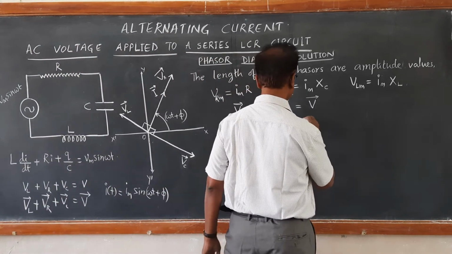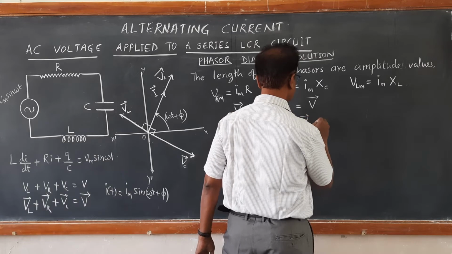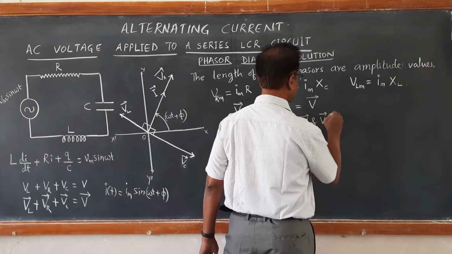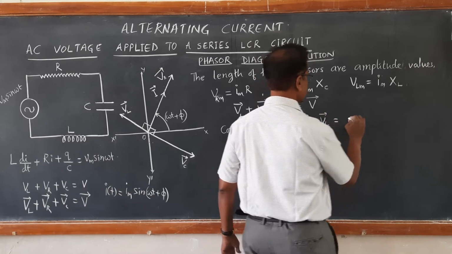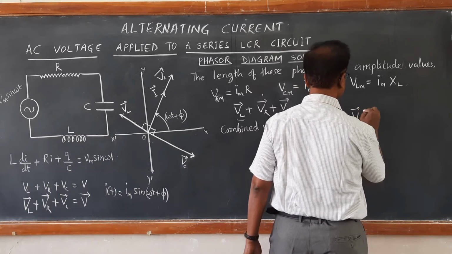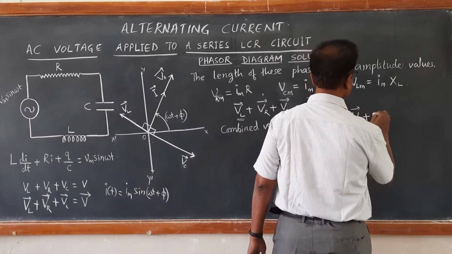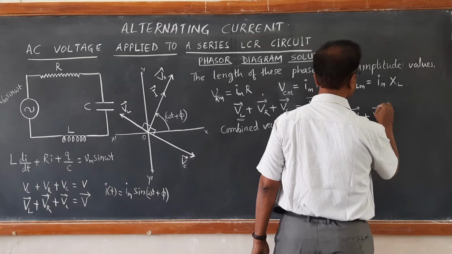The combined vector of VC vector and VL vector is written as VC vector plus VL vector.